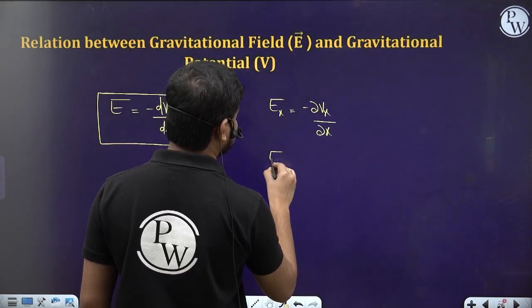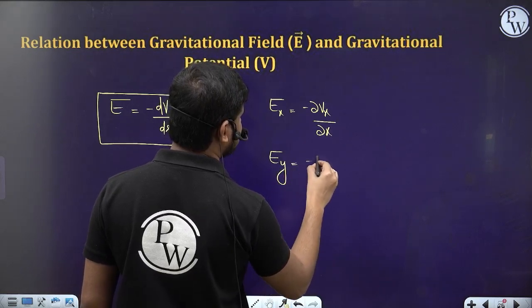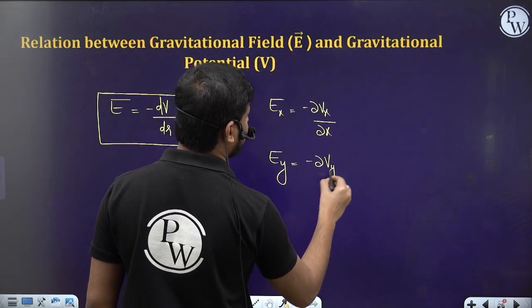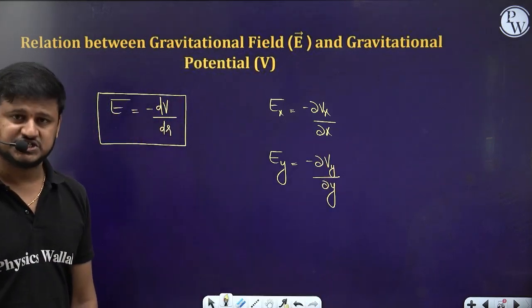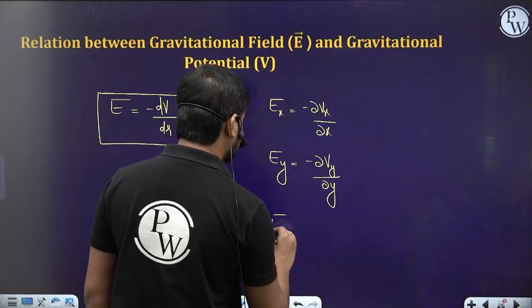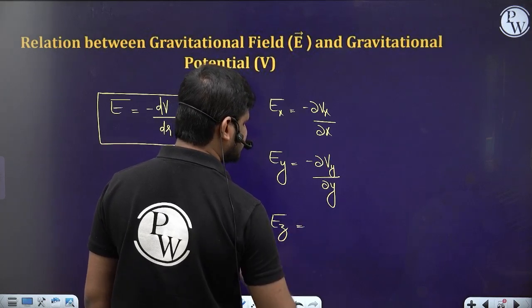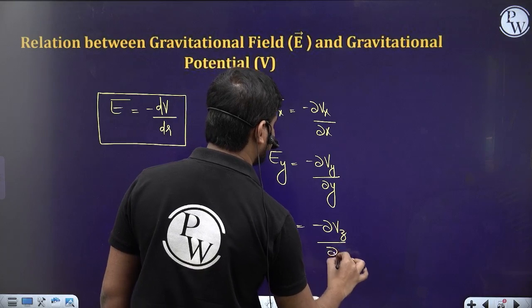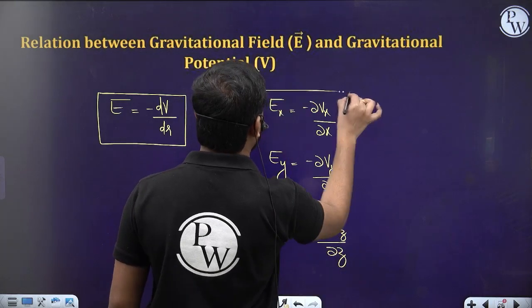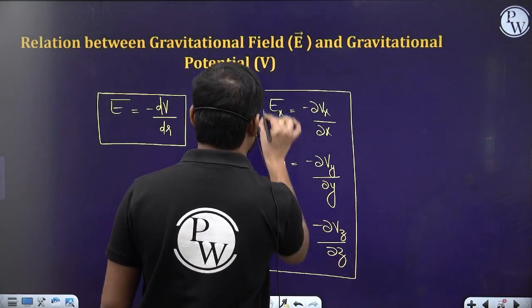The gravitational field in the y direction is minus dou Vy by dou y, and the gravitational field in the z direction, if you require, is minus dou Vz by dou z. What is dou? It's the partial differentiation. That's it.